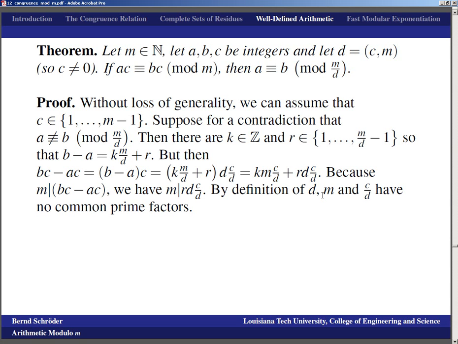I was trying to say that this product is smaller than m, but that doesn't work out, so let's see. By definition of d, m and c over d have no common prime factors.